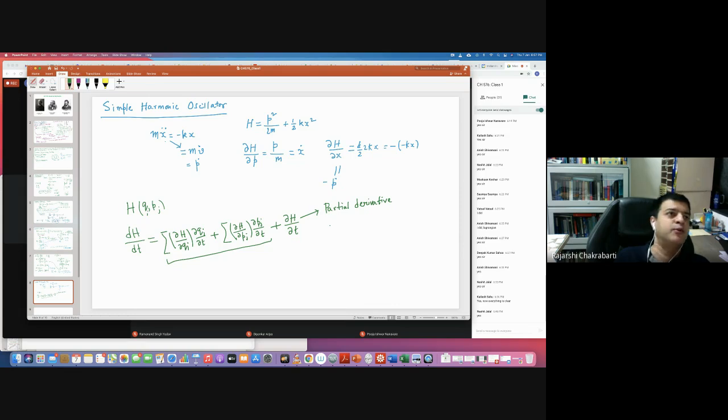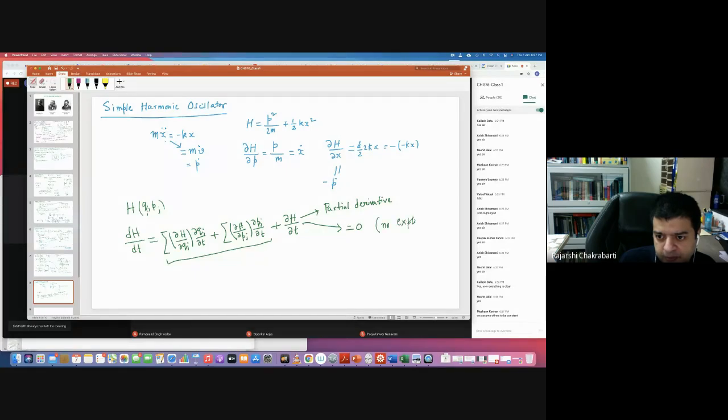It can happen only if it has an explicit time dependence. So if you don't have any explicit time dependence, this is equal to 0. This is fine? Is equal to 0.